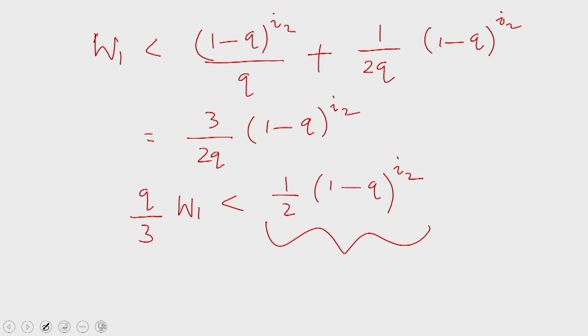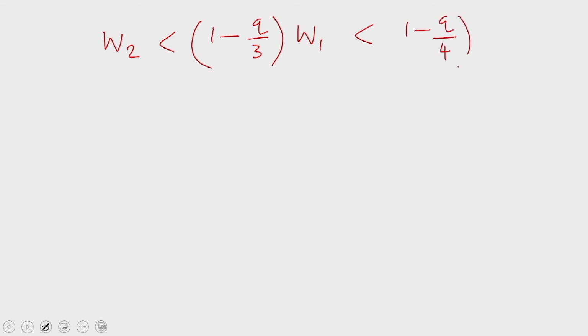This is what is being removed from the system, which means the new weight W2 is less than (1 minus q by 3) times W1, which is further less than (1 minus q by 4) times W1. So, in this case also we established that W2 is at most (1 minus q by 4) times W1.